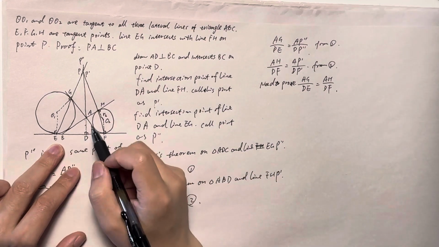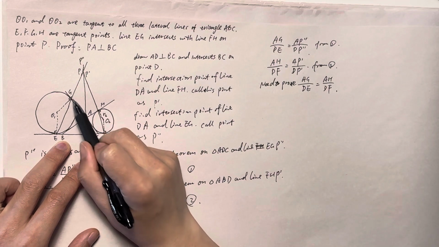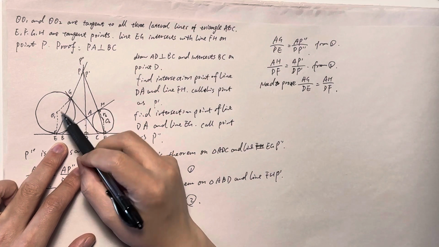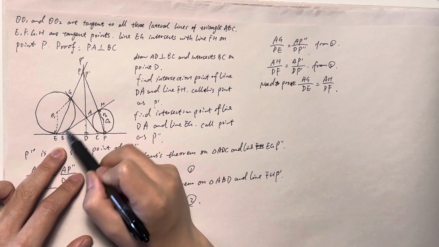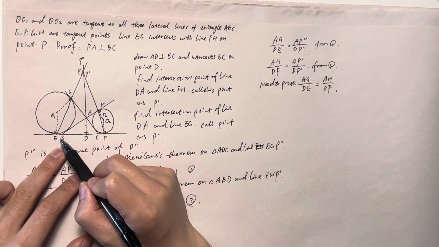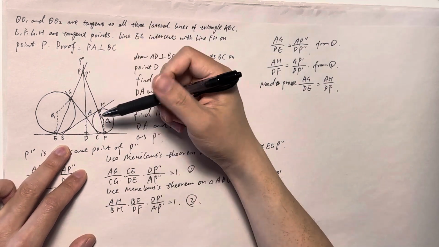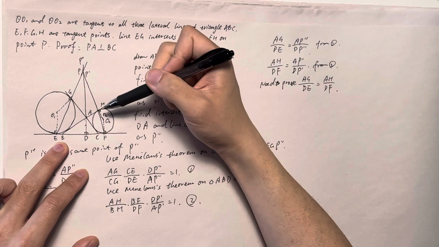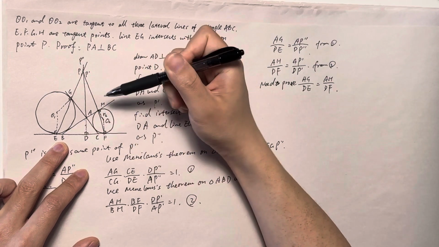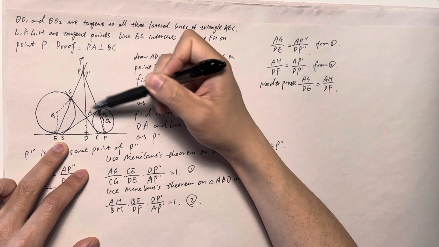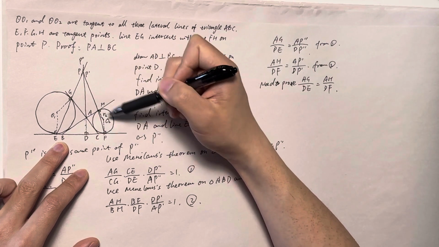We notice that AG is a tangent line for circle O1 and AB is a tangent line for circle O1. Similarly, AH, that's actually the BA line, is a tangent line of circle O2, and the GA line is also a tangent line of circle O2.